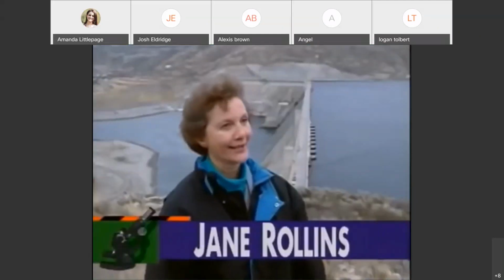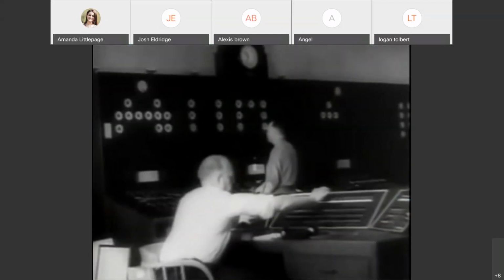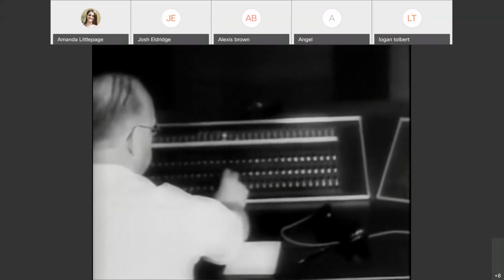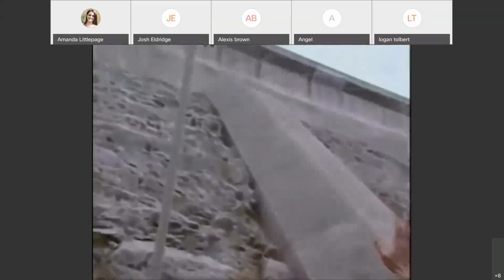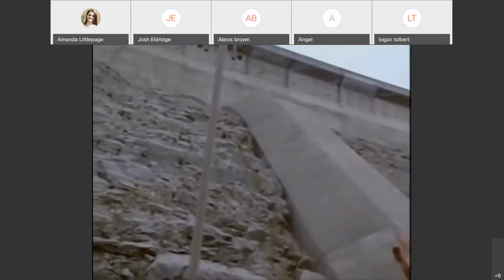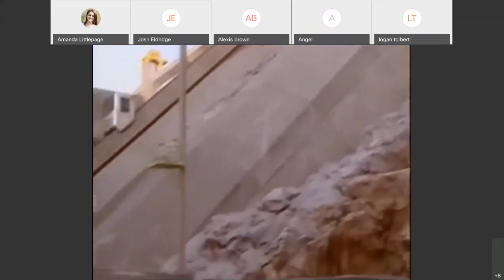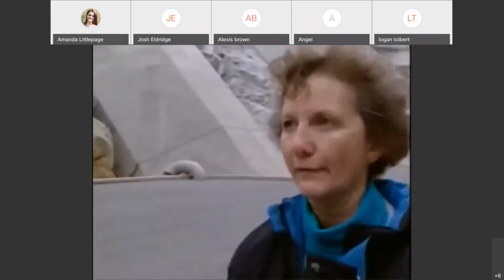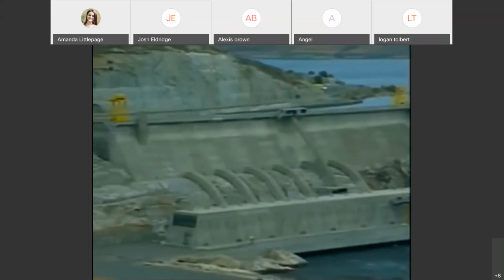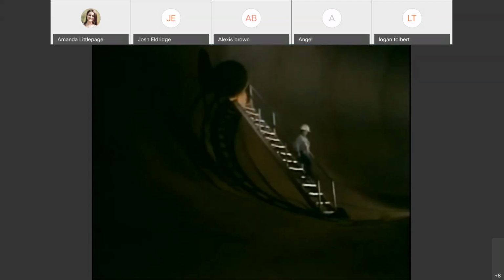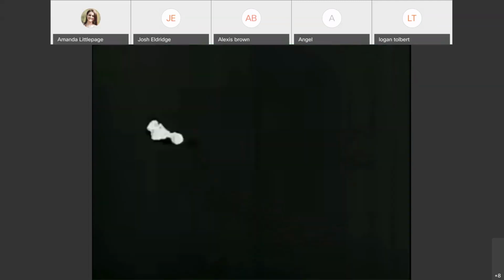I'm Jane Rollins. I'm a dam operator. The water is behind the dam, about 100 meters above us. And that water rushes down through these water pipes called penstocks down to drive the turbines. We're inside the penstock. Normally this is filled with water.